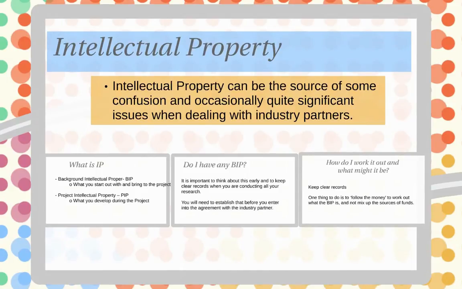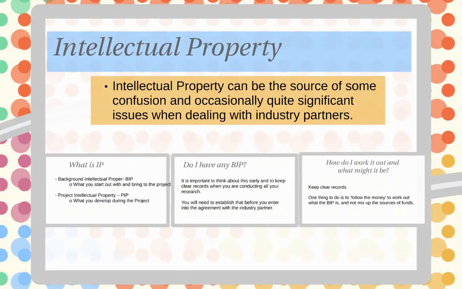Intellectual property can be the source of some confusion and occasionally quite significant issues when dealing with industry partners. I recently attended a workshop on creating industry partners that was run by the business school, and the guy that presented said that for people who have established relationships with industry, one of the biggest issues is around ownership and this idea of intellectual property.